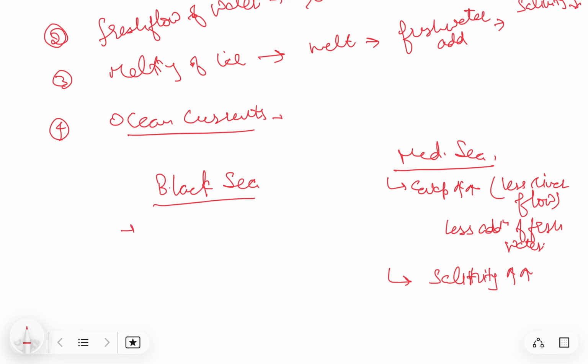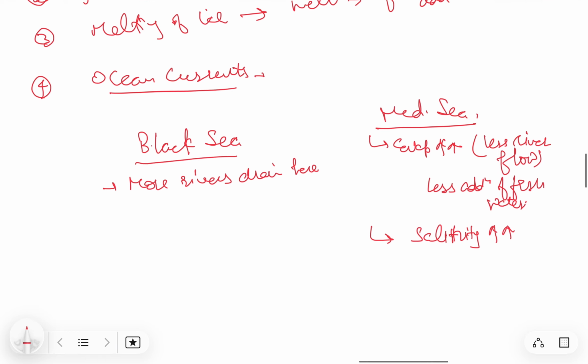And in the case of the Black Sea, more rivers drain into it, for example the Don River, the Danube River, and the Dniester River.